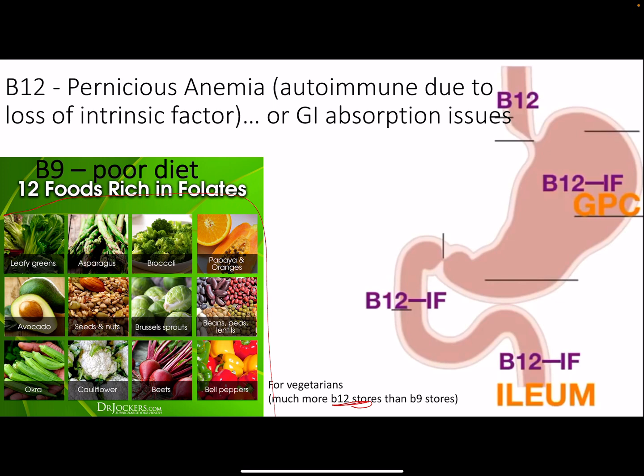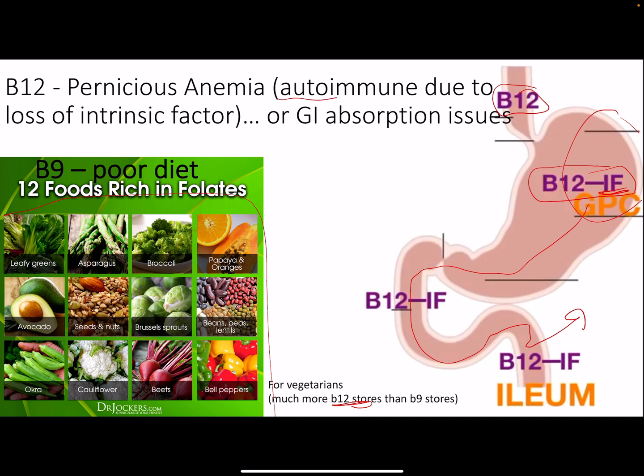You guys might recall from the MCAT, you have parietal cells in your stomach, which generate hydrochloric acid, but they also produce something called intrinsic factor. When you take in B12, B12 itself is not very easily absorbed in the duodenum. It has to be complexed to intrinsic factor produced by the parietal cells in the stomach, and then it can be absorbed through your duodenum, only with the intrinsic factor.